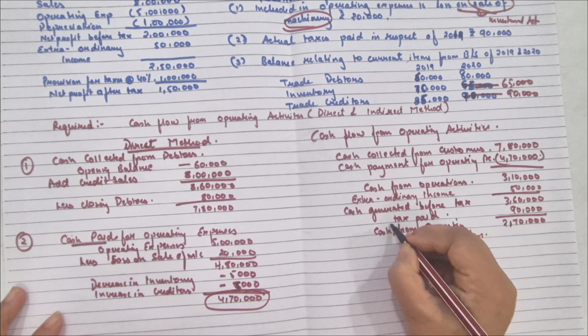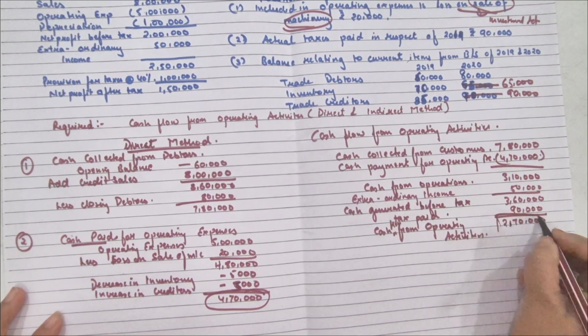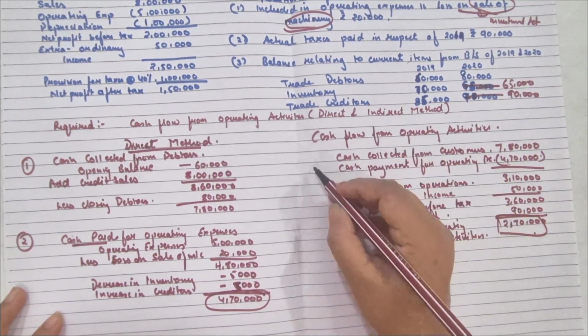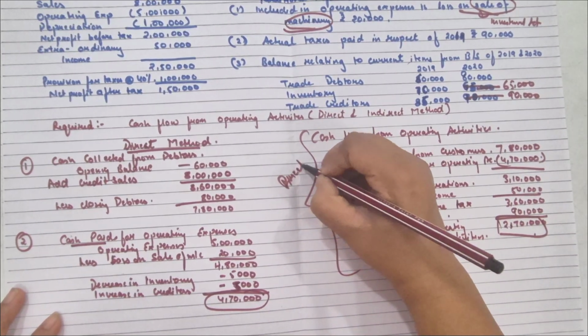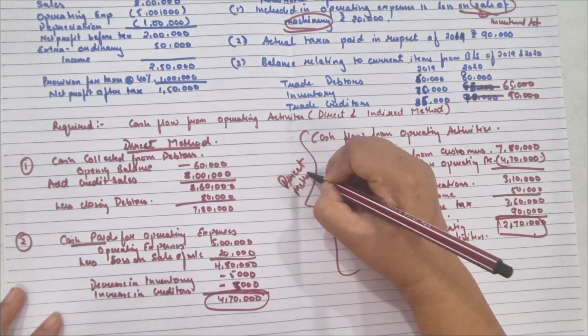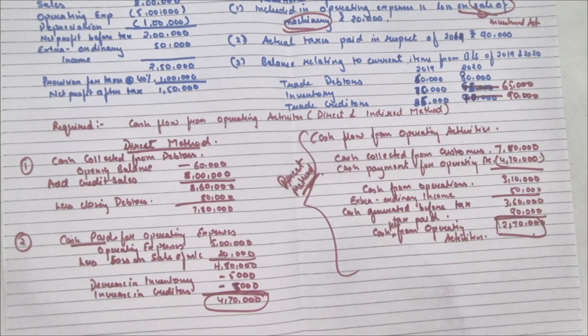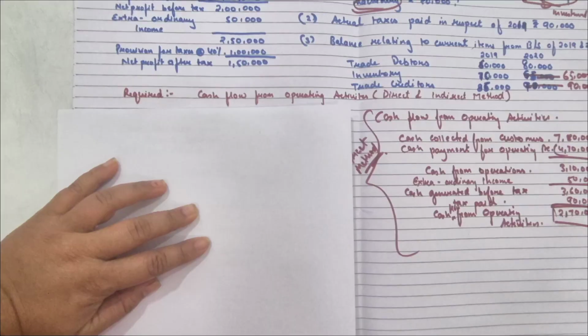This is cash flow from operating activity via the direct method. Now I will teach you the same question via the indirect method.